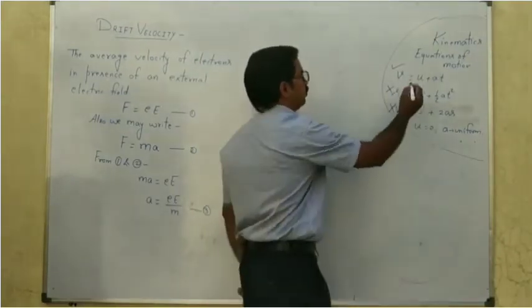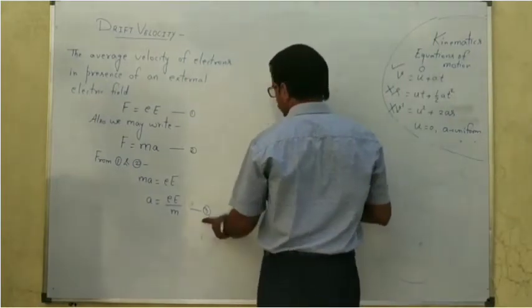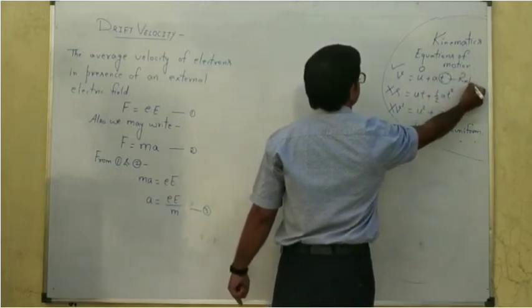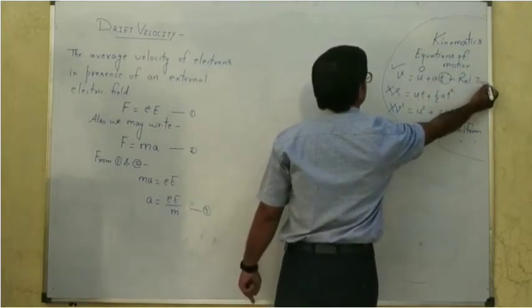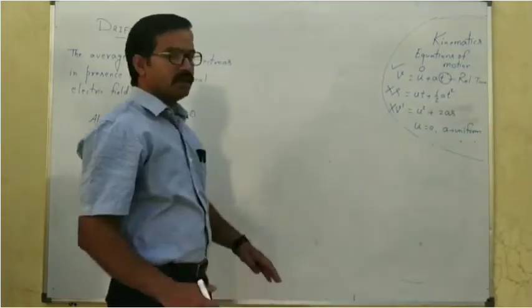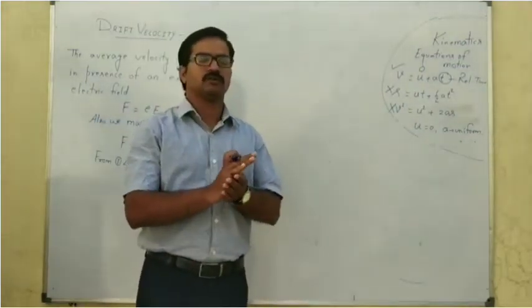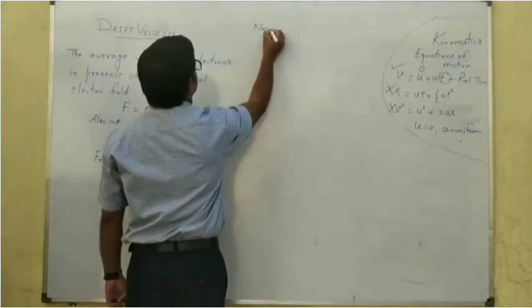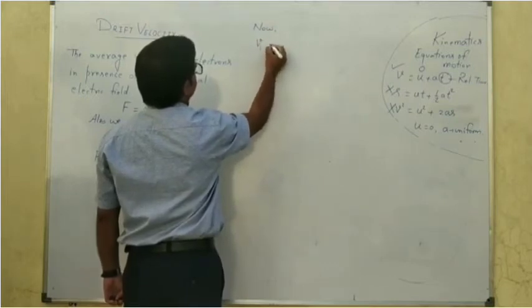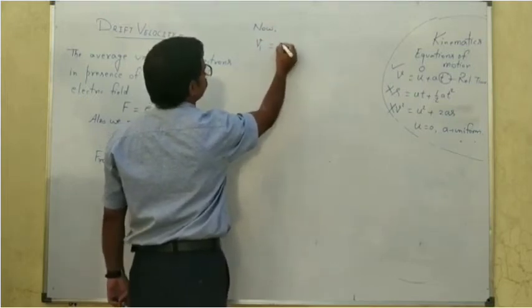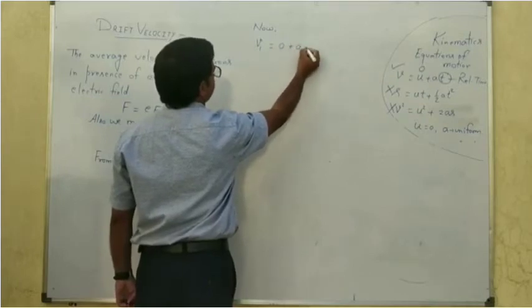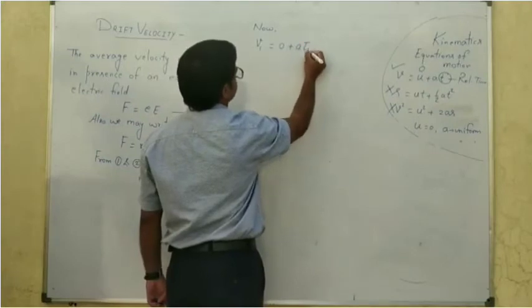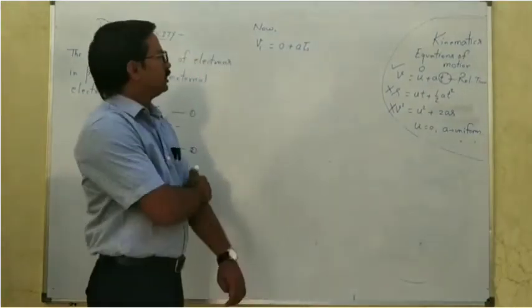u we have, u is 0. Acceleration we got in equation 3, and t will be the relaxation time. This term I will be quoting here. So for each and every electron I am going to apply v is equal to u plus at. Now v1 is equal to u, which is 0 for each and every electron, plus a, and in place of time I am writing tau 1.